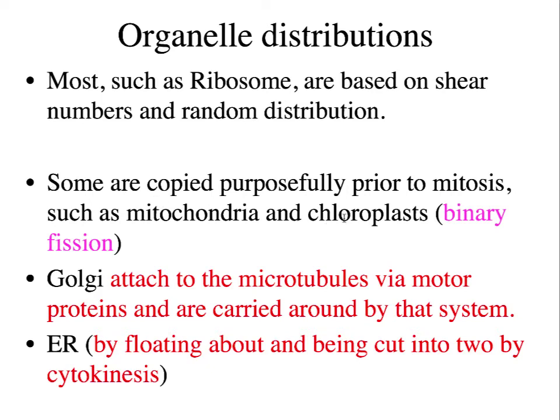Mitochondria and chloroplasts divide by binary fission, the same way that bacteria, their ancestors, divided. So mitochondria have to be informed to replicate themselves. They grow in size and then they split down the middle. Now you have twice as many mitochondria as at the beginning.